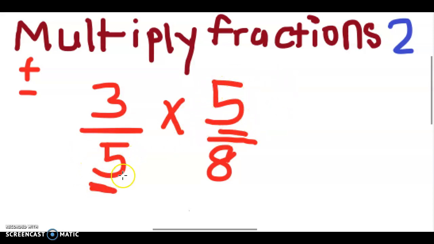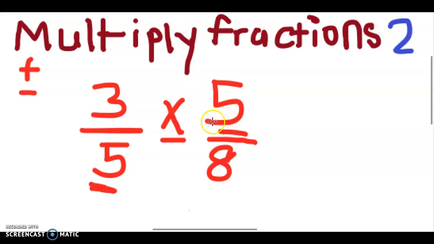If you see 5 in the denominator and 5 in the numerator with a multiplication sign, because they belong to the same times table, the 5 times table, you can simplify.